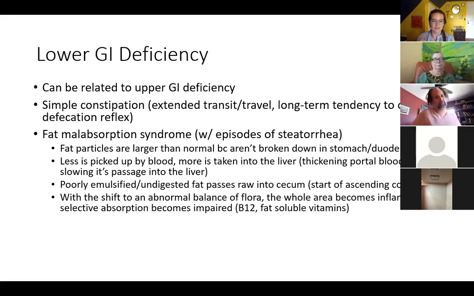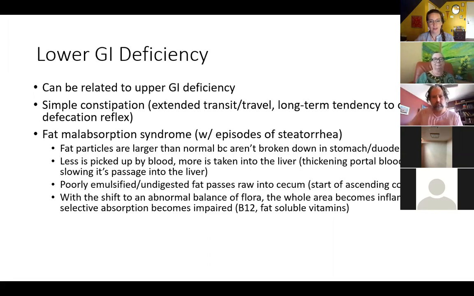With the shift and the abnormal balance of flora, the whole area becomes inflamed, and selective absorption becomes impaired. This is where we were talking about B12, some fat soluble vitamins, some of your other B vitamins that are taken up there, and they're not being taken up because everything's off and everything's inflamed, and it becomes a cascade. And then it gets really hard to identify where the imbalance is, what's the root of it. As tricky as this is, it's not impossible.